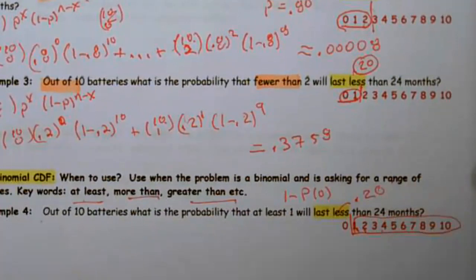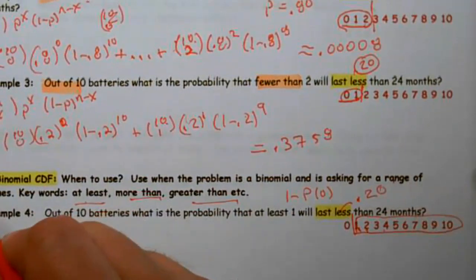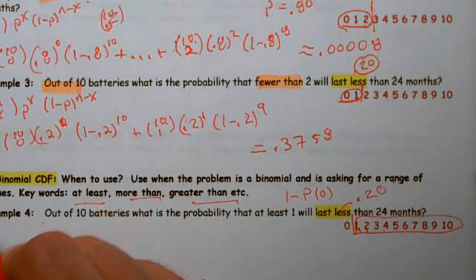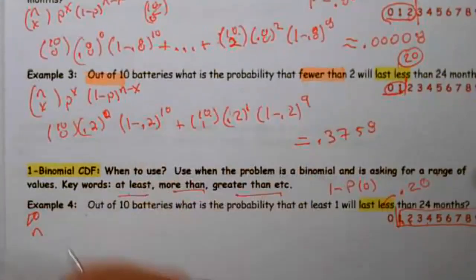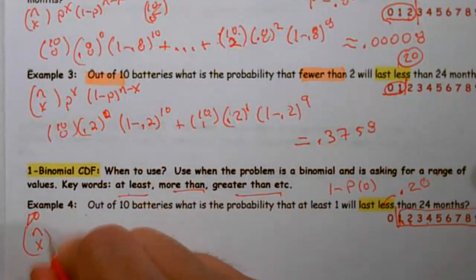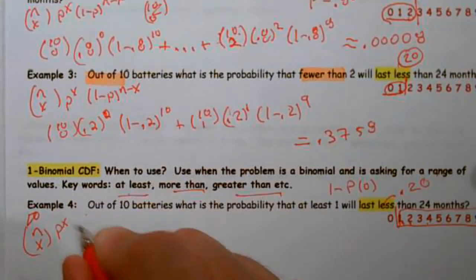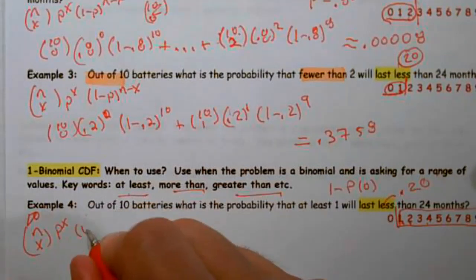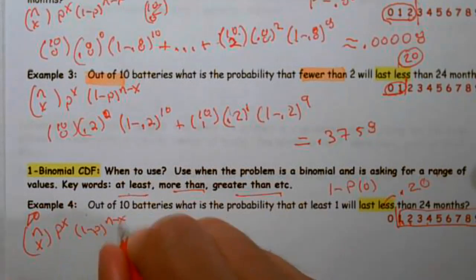So this is a last less situation, and we're going to go 10 choose, n choose x, p to the x, 1 minus p to the n minus x.